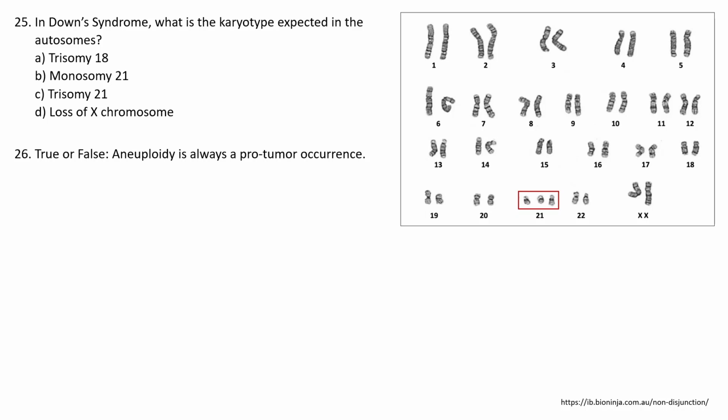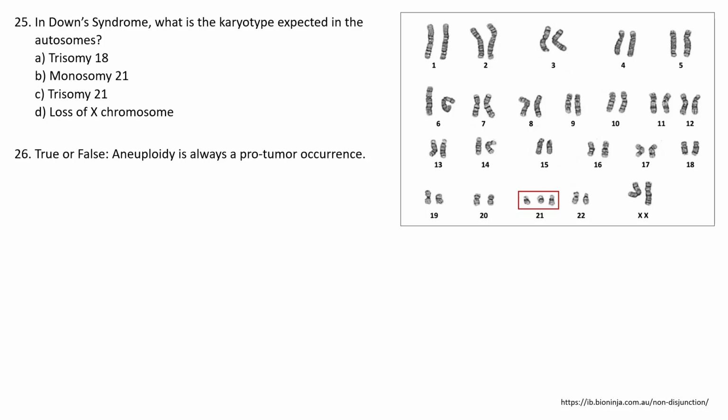Sometimes mutations or ploidy changes can be beneficial for a tumor to grow, and sometimes it may actually hinder, because these mutations are quite random. So you don't necessarily have a lot of control over whether a beneficial mutation, beneficial in this case for the tumor and not the person with the tumor, is occurring or not. So here this is also false, because aneuploidy may not necessarily be a pro-tumor occurrence.